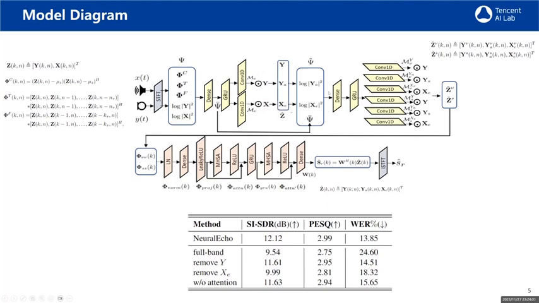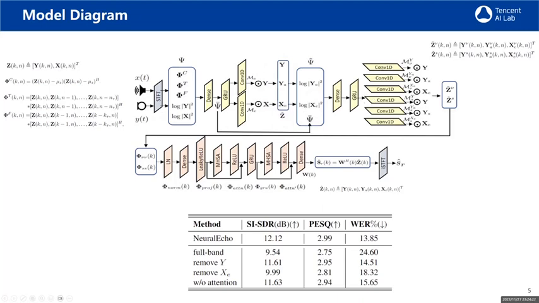Furthermore, we compute the log power spectrum on the YA and the XE, and together with the previous feature psi bar, we do the feature concatenation and pass to a linear projection layer and another full-band GRU layer.